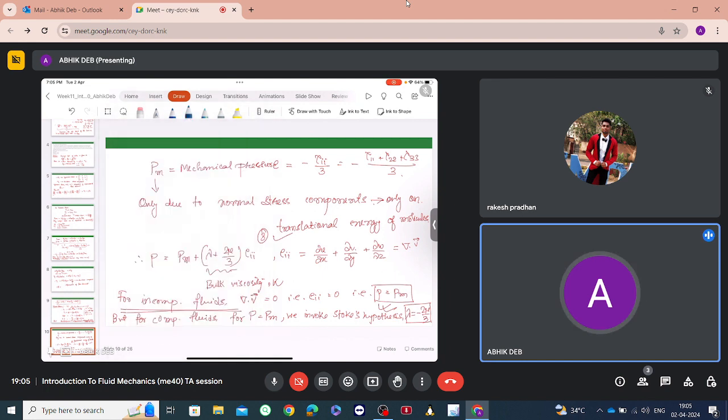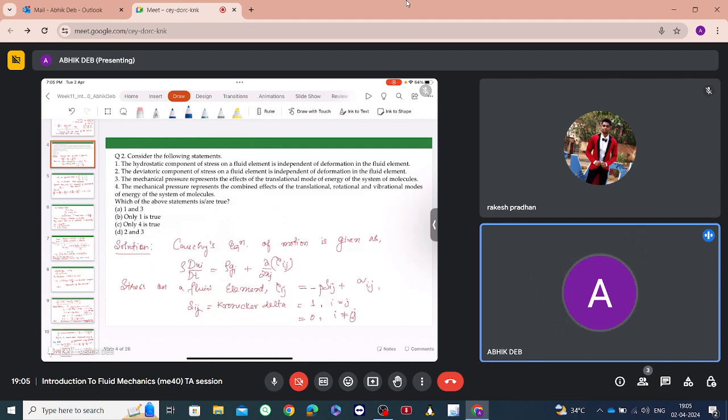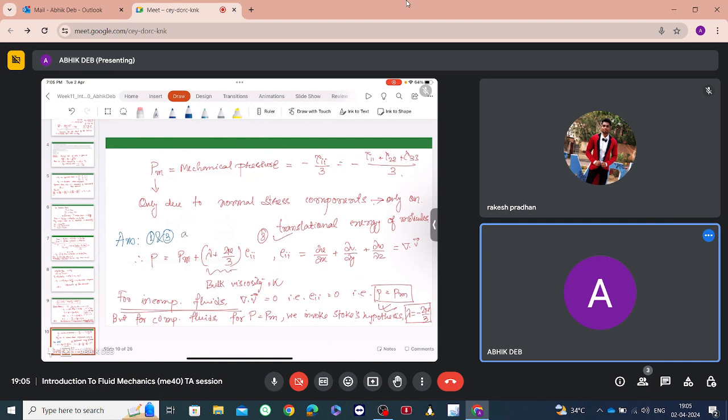So 1 and 3 are correct, that is option number A. Okay, so along with solving the problem, we have also found out how we are reaching this Stokes hypothesis, or what is the requirement, because the requirement is that we have to reduce the number of variables for the solution of this Navier-Stokes equation. So if there is any doubt in this, you can ask.